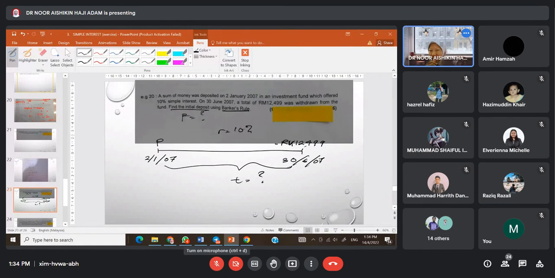Kita anggap dia sebagai S. Sebab kita tak ada P. So we need either I or S to help us find the value of P. Kita tak boleh anggap 12,499 is deducted from S, sebab kalau macam tu S pun dia tak tahu, P pun tak tahu, tak boleh nak gerak lah kan.